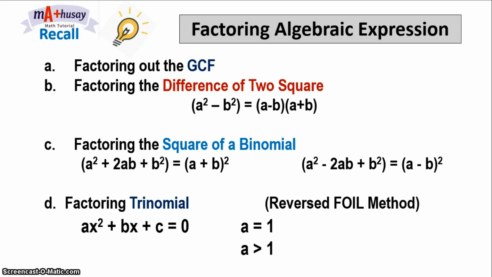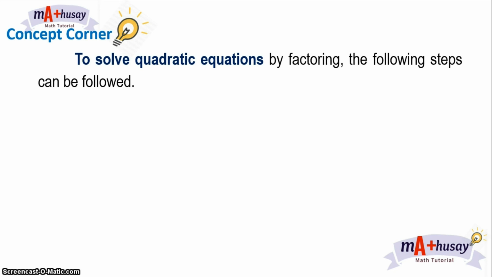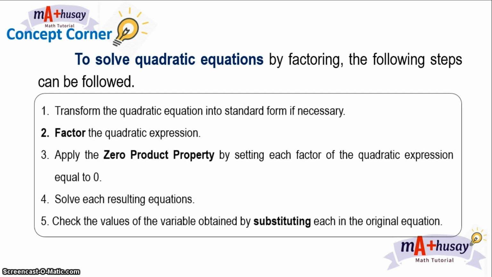So let's begin. To solve quadratic equations by factoring, the following steps can be followed. Number 1, transform the quadratic equation into standard form if necessary. If it is already in standard form, there's no need for you to rewrite it. Number 2, factor the quadratic expression.